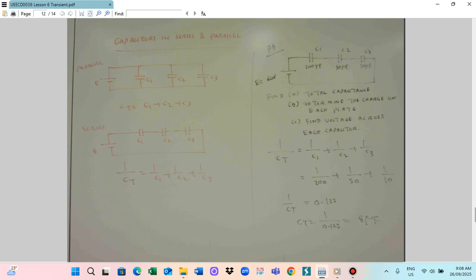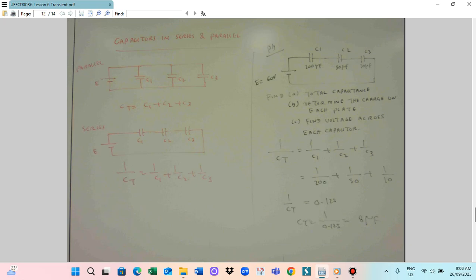For instance, this is a voltage source here, with capacitor C1, capacitor C2, and capacitor C3 connected in parallel. In this case, you can calculate CT. CT is C1 plus C2 plus C3. So this is called a parallel connection.